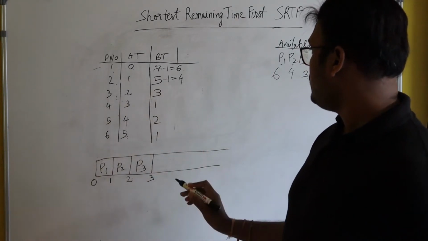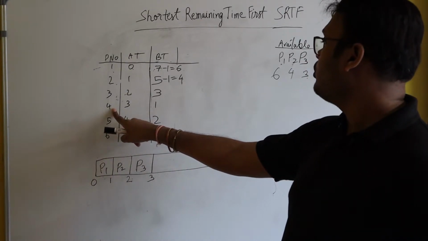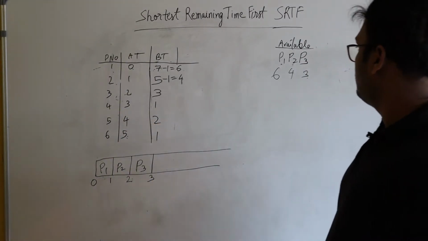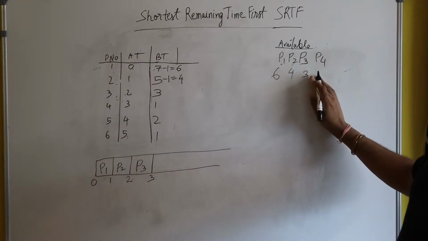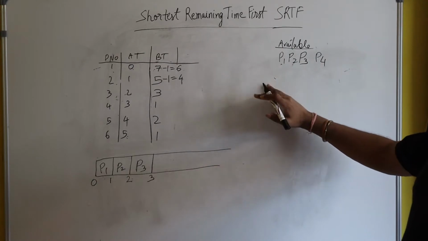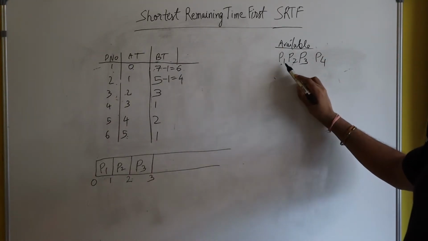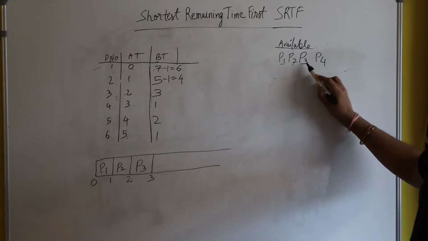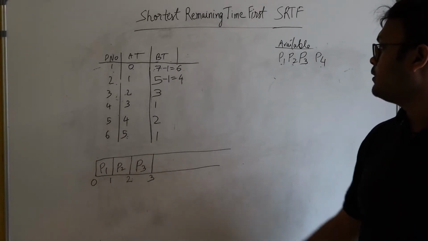At t equal to 3, you see P4 has come. How many available processes do we have? P1 is left, P2 is left, P3 is left, and P4 has come at t equal to 3 seconds.